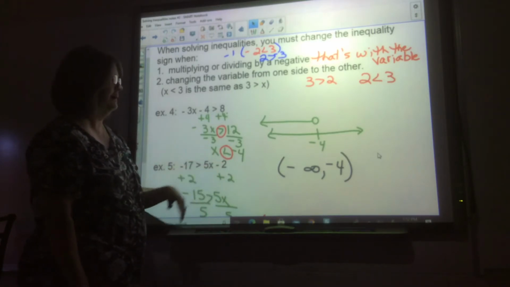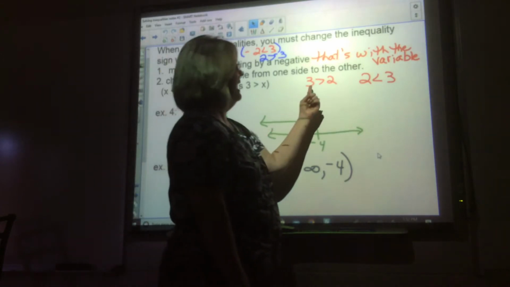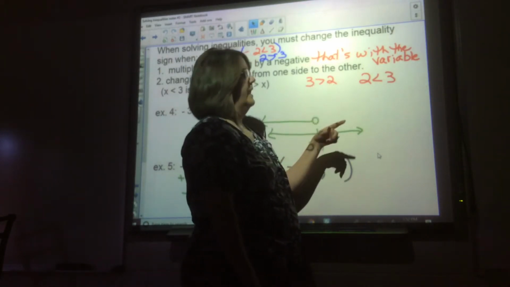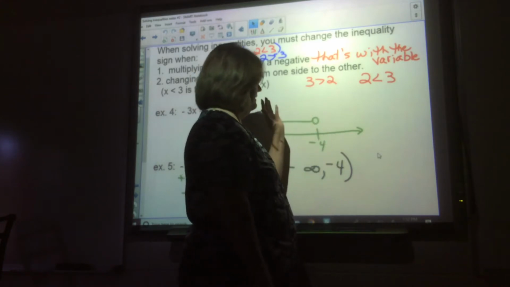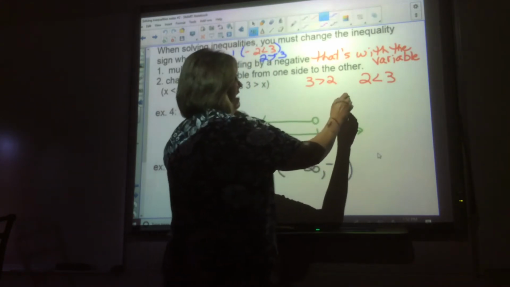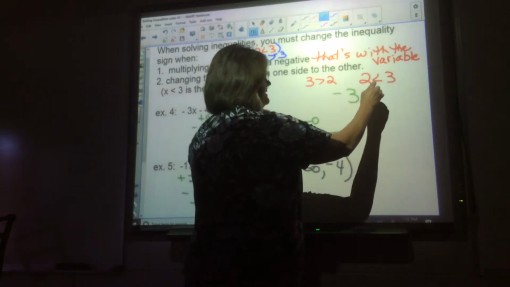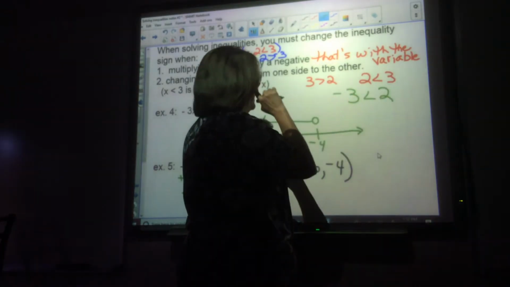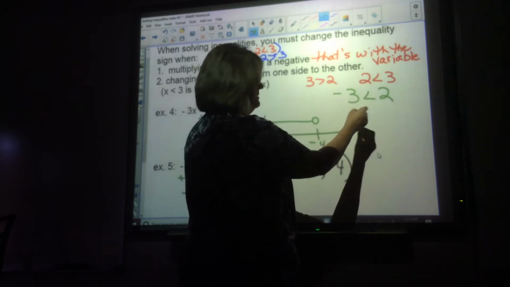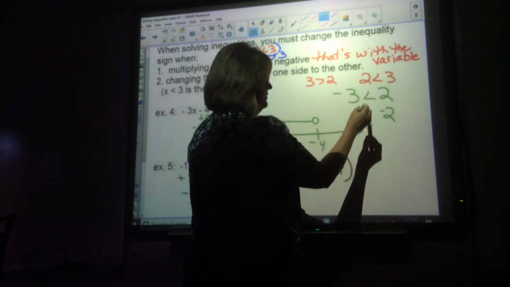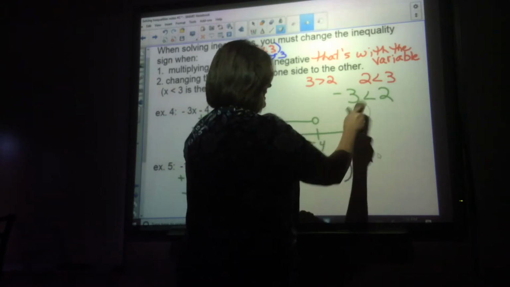And here is why. If I have negative 3 is less than 2, let's say that, and I divide by negative 1 on both sides, I'll end up with 3 and negative 2. So let me say that again.